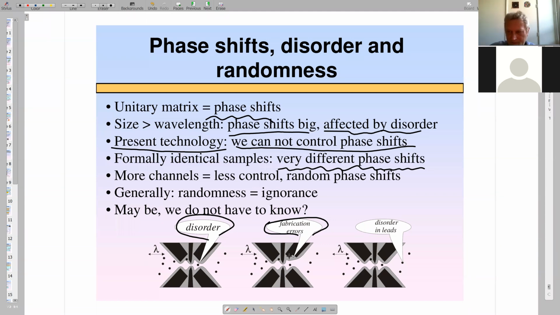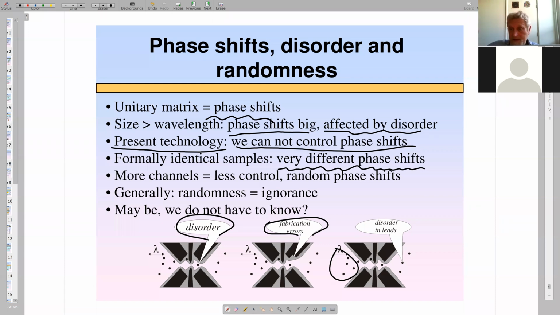But even if we work out all these factors on the scale of the nanostructure, there will still be disorder in the leads, which also affects propagation, which also adds phase factors to propagating waves. Right.